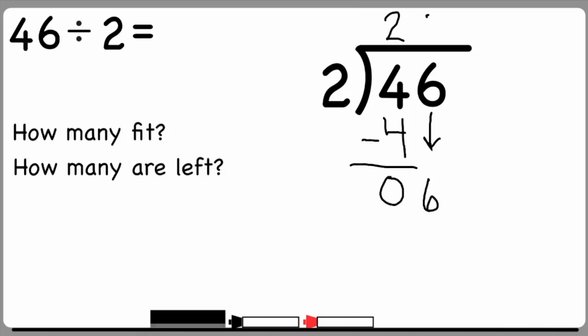That should be 3. How many are left? We're going to multiply our 3 times 2. That will give us 6. Make sure there's none left for this one, and there aren't any left. So I can answer the problem: 46 divided by 2 is equal to 23.